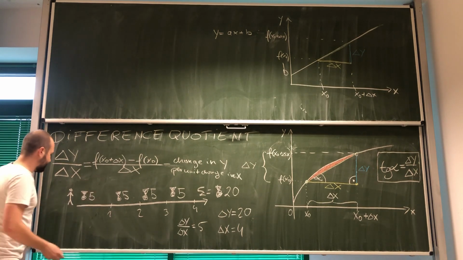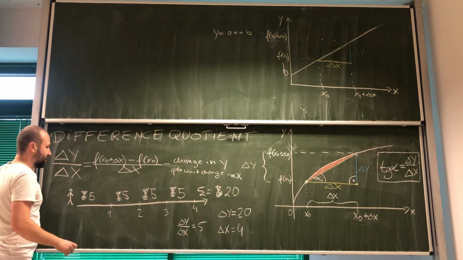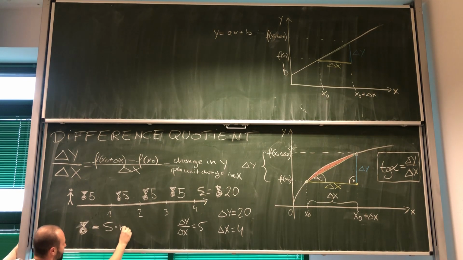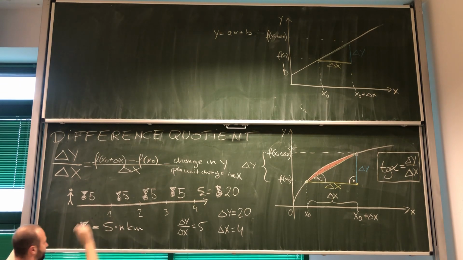But look, in this scenario, how could we write a function of bags of trash per kilometers? We could write it as number of bags of trash is equal to 5 times number of kilometers. But look, this is the same as writing the function y equals 5 times x.